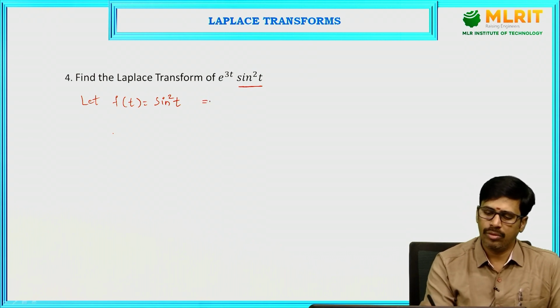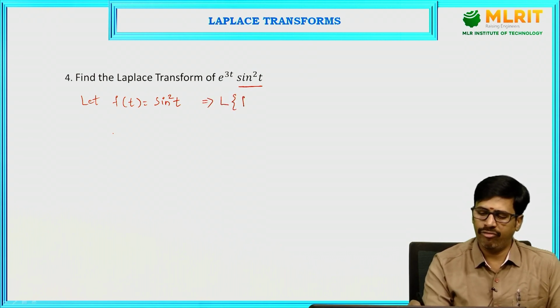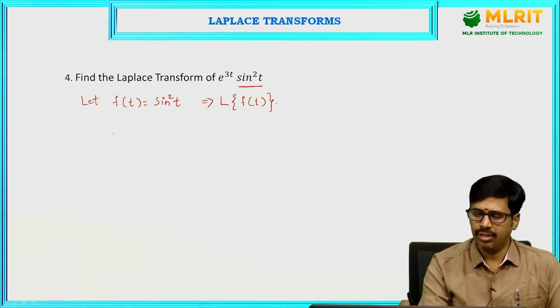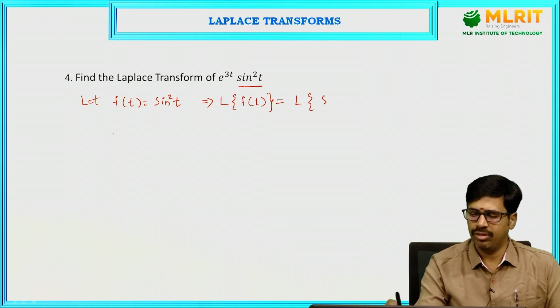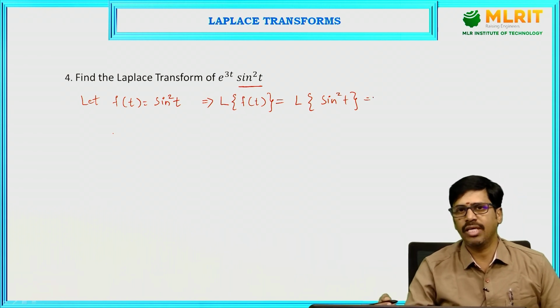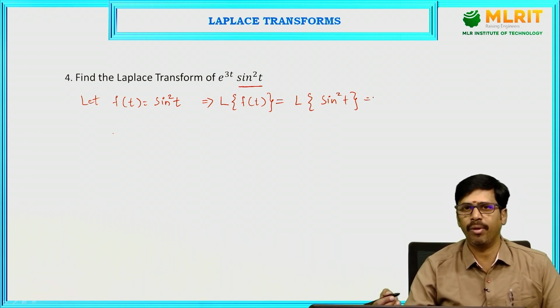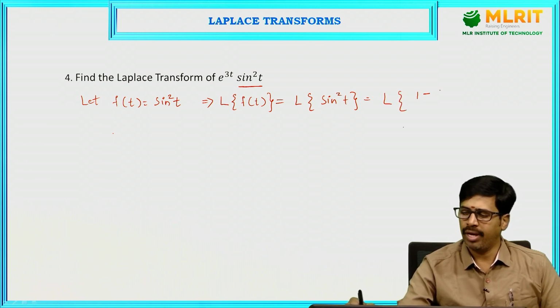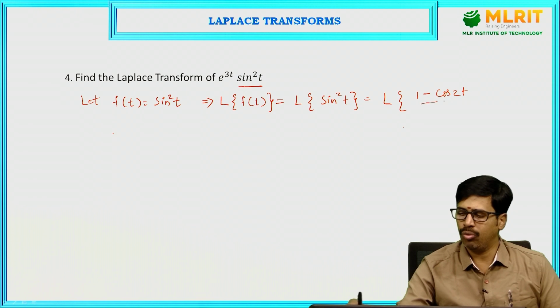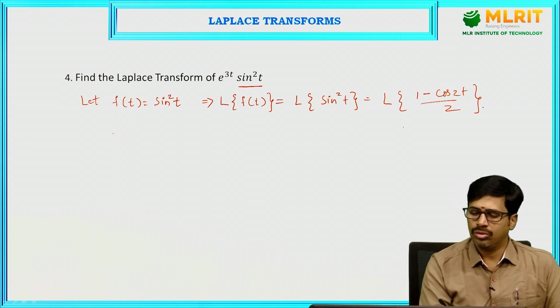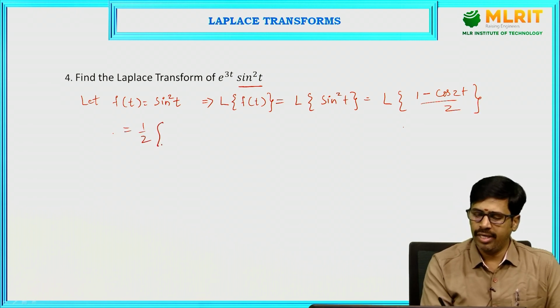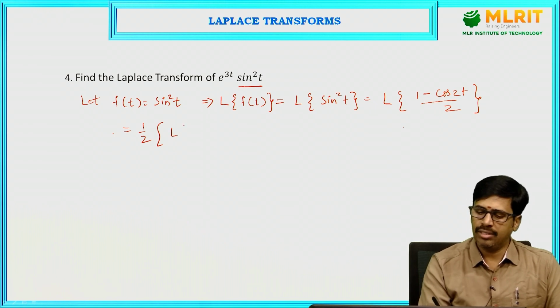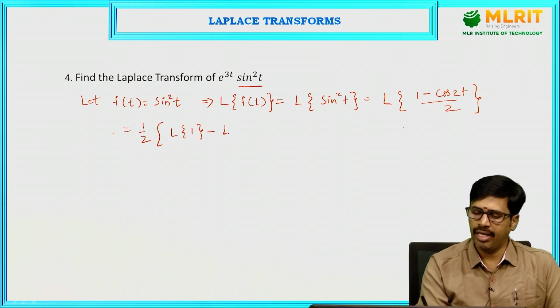So, Laplace of f of t is equal to Laplace of sin square t. What is Laplace of sin square t? We do not have any direct formula. So, sin square t can be written as 1 minus cos 2t upon 2. So, this 1 by 2 I am writing outside: Laplace transform of 1 minus Laplace transform of cos 2t.